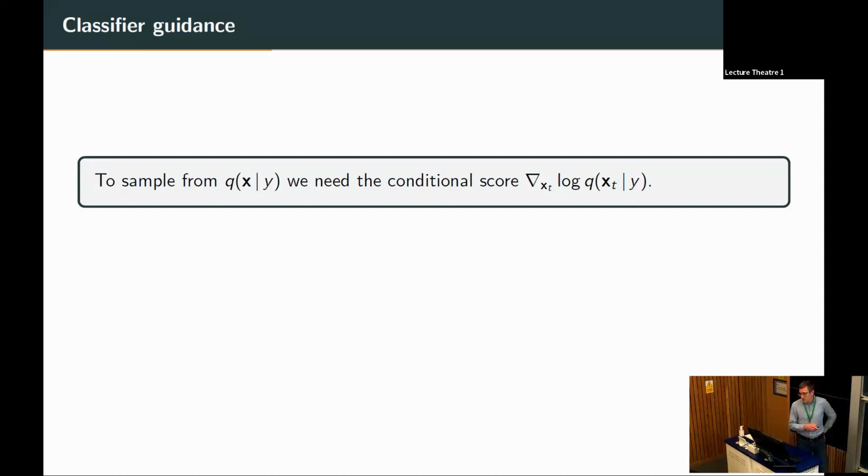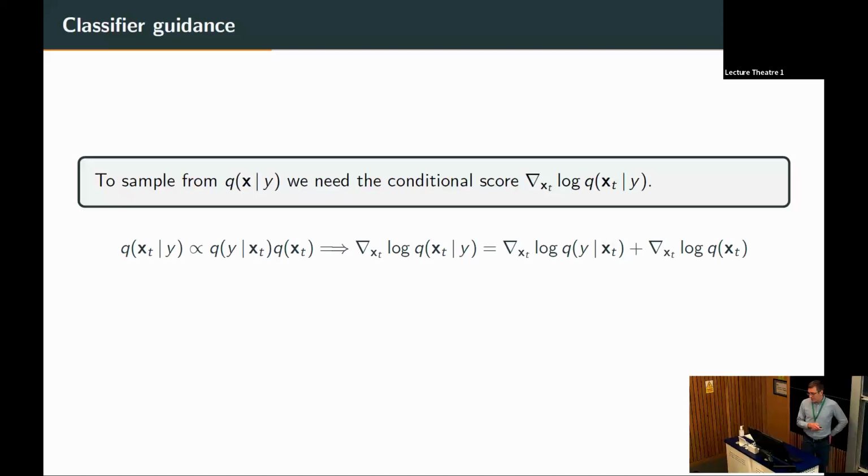So in classifier guidance, we make use of Bayes' rule to obtain this score. We write the conditional as a product of the likelihood and the unconditional distribution, which means that the score we're interested in can be written as the sum of these two terms.